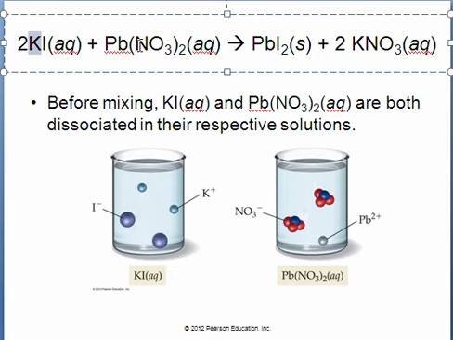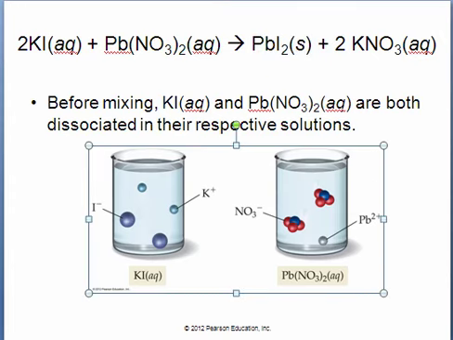This cation combines with this anion, and this cation combines with this anion. And then if one of them forms an insoluble compound, that's known as precipitate, and that's how precipitation reactions occur.